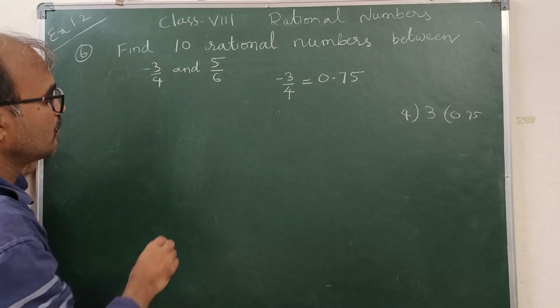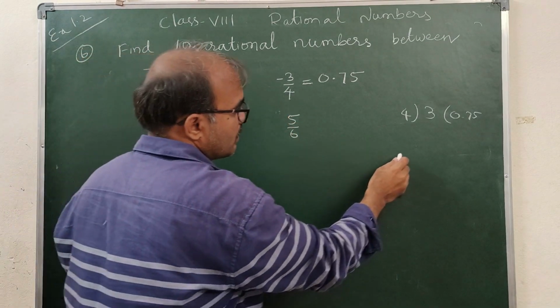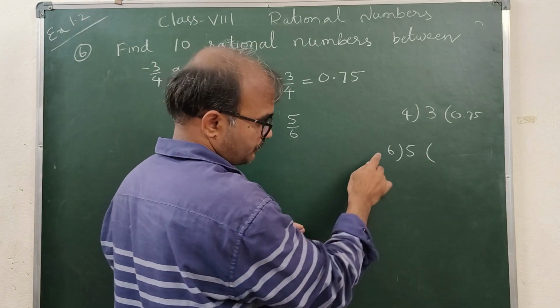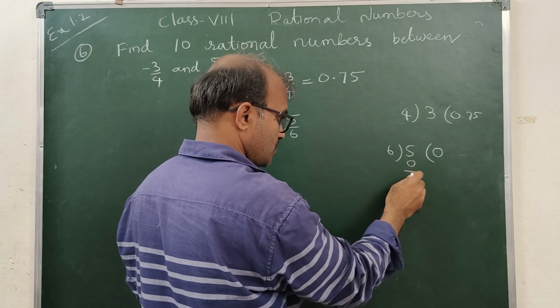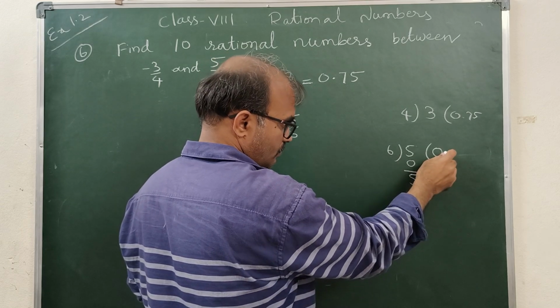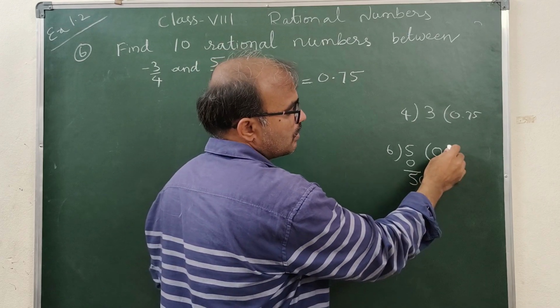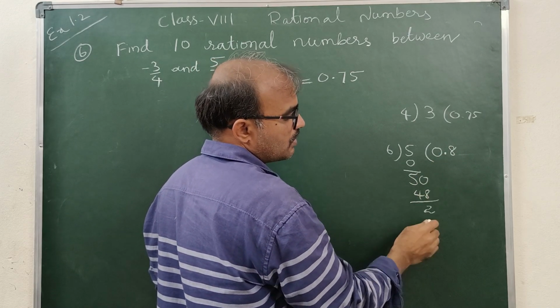Now divide 5 by 6. 6 zeros 0. 5 minus 0 is 5. Keep here a point, keep here 0. 6 8s 48. 2 remaining.